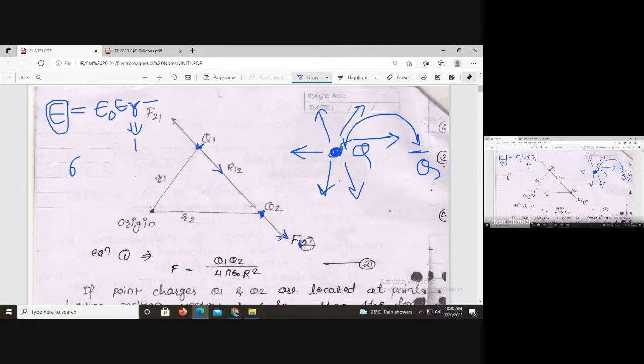Force on 2 due to charge q1. Now the force by q2 on q1 is the force on 1 due to charge q2. So this is the notation to denote which force is there. Force on 2 due to 1, force on 1 due to 2. Okay, this is the force applied on charge q1 and q2.